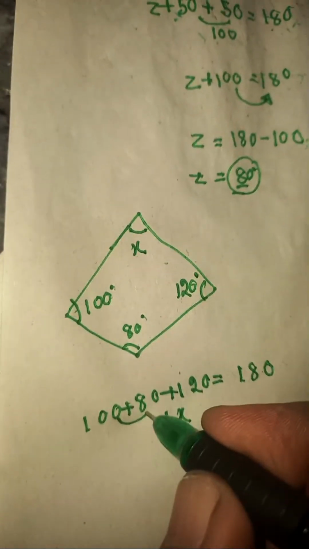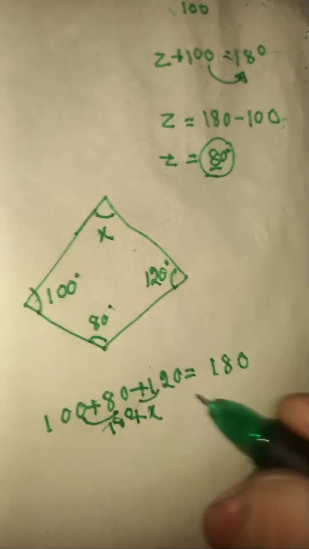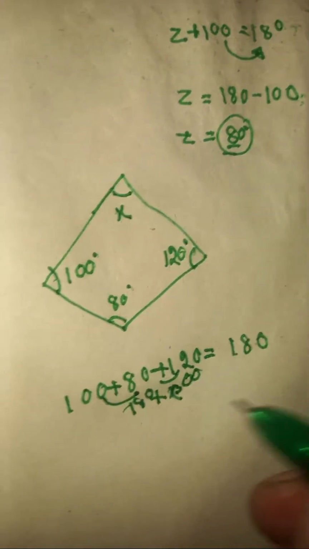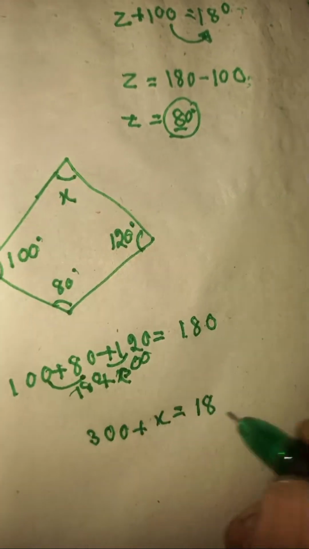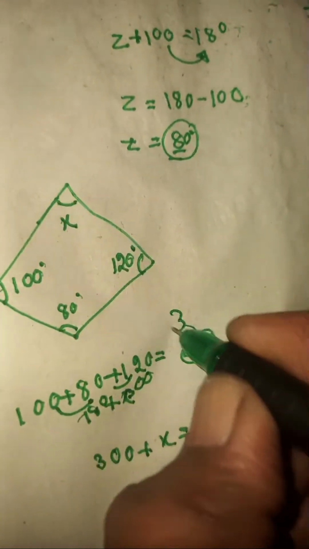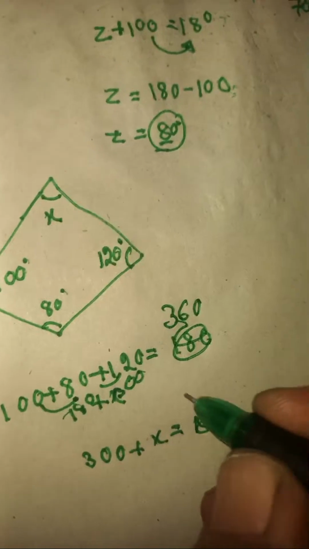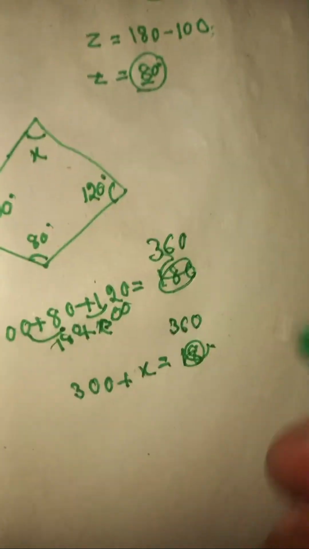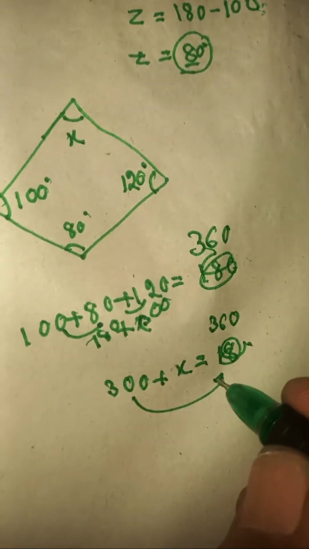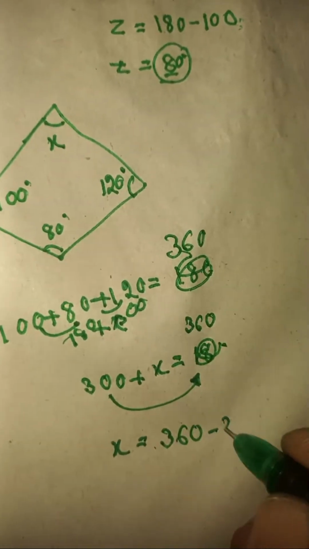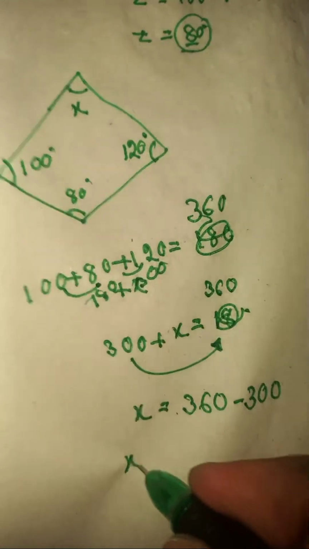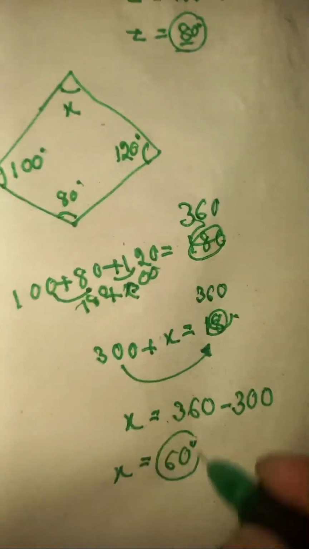Now 100 plus 80 is 180. 180 plus 120 is going to make 300. So 300 plus x is going to become equal to, not 180 degrees, 360 degrees. It is a quadrilateral; in a triangle you must take 180. Send that 300 this side, it becomes minus 300. So 360 minus 300, x is going to be equal to 60 degrees.